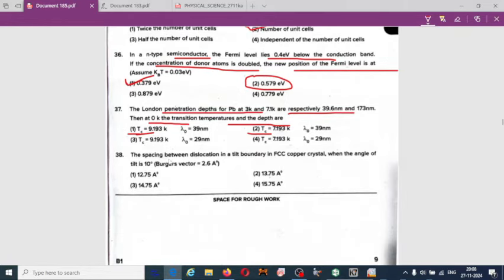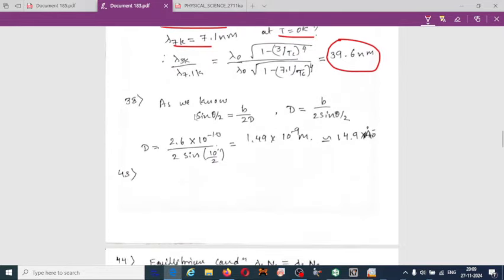Okay, the spacing between the dislocations in a tilt boundary of an FCC copper crystal when the angle of tilt is 10 degrees. So 38, here is the calculation: sin theta by 2 is equal to b by 2d.